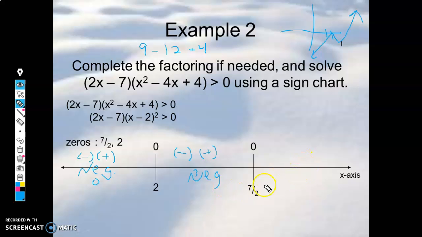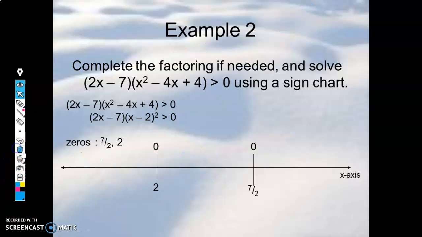And then for this last region, you can pick something greater than 3.5, so like maybe 4 or 5. Then you'd substitute and do the same thing. So let's just summarize this again with making it a little neater. The other thing is, the way that they did it is they actually substituted into this part here, and they still get a negative region because a negative squared is a positive, so you still have a positive times a negative, which is a negative.